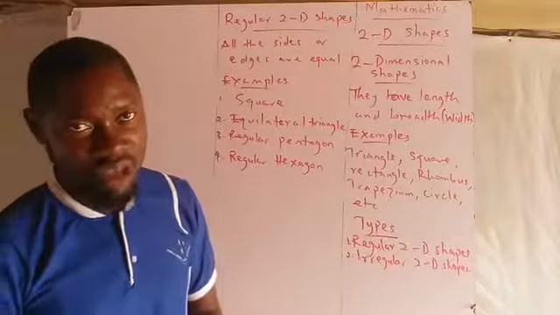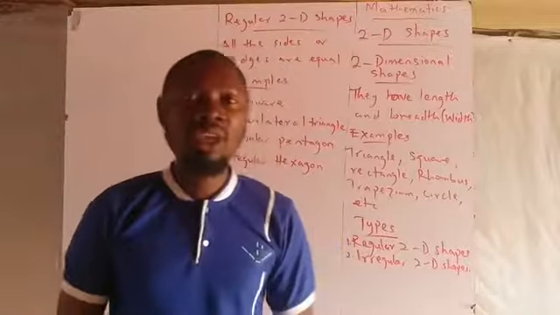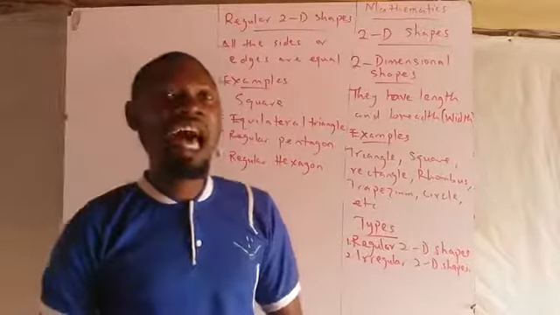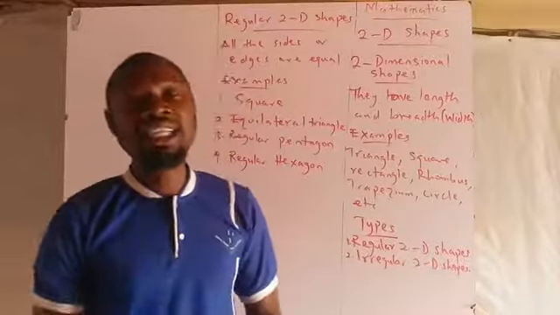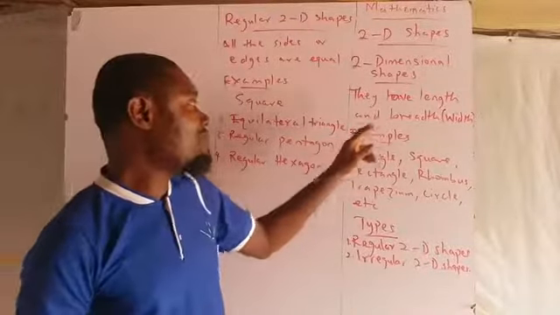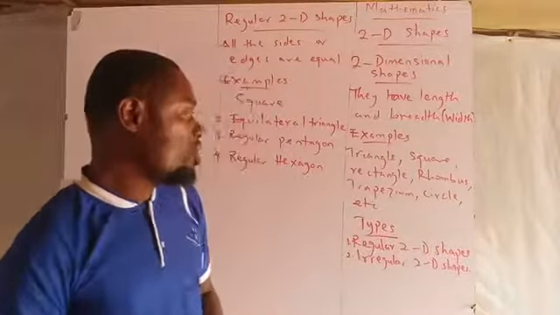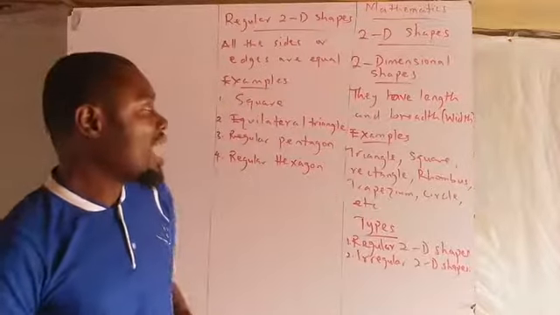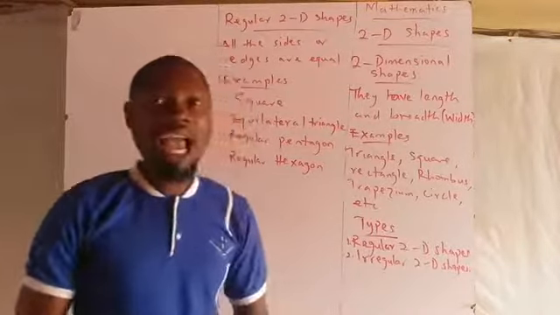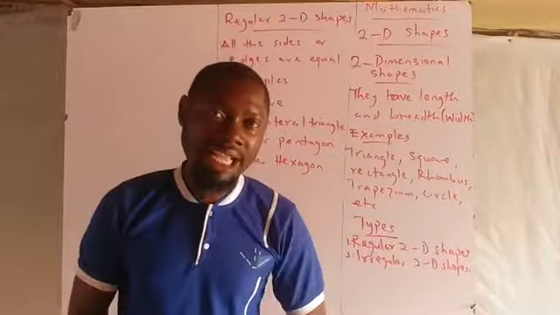Remember, I said two-dimensional shapes are shapes that we can cut out from our cardboard using scissors. They have length and breadth, and I gave you examples such as triangle, square, rectangle, rhombus, trapezium, and circle.